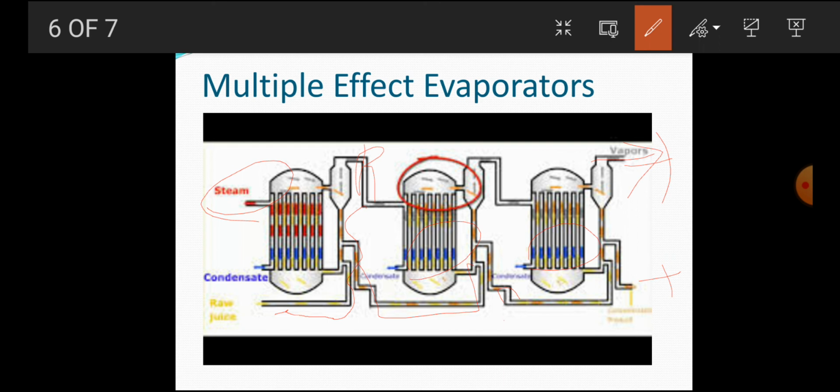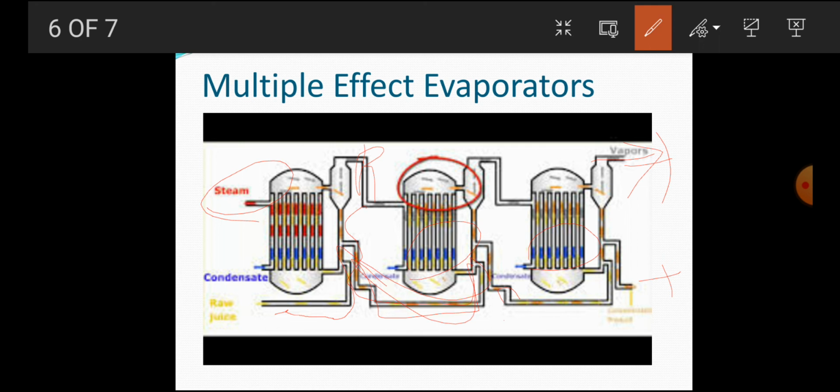As you can see, it is going from here to here. The temperature gradient is T1 minus T2, consequently the feed will be heated. Similar heating also happens in the third effect.